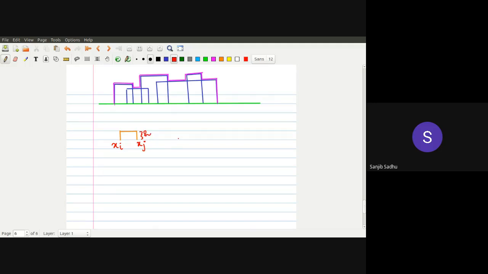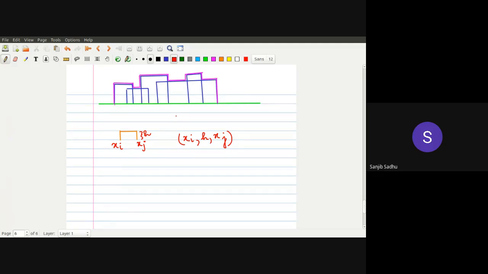So input for this building will be like this: xi, comma, h, then xj. In this way, n buildings are given. Clear? N number of buildings. So how many coordinates? 3n coordinates are there: x value of i, h, then xj.